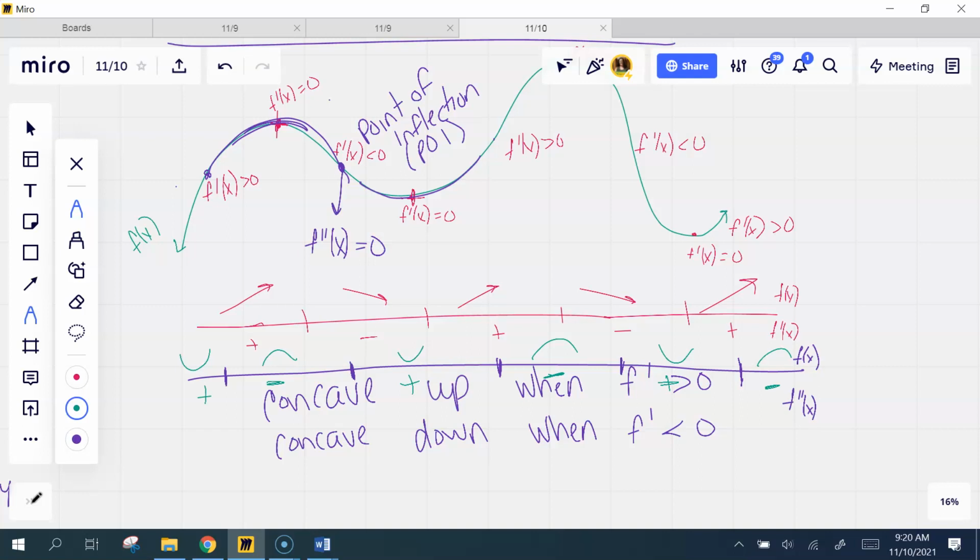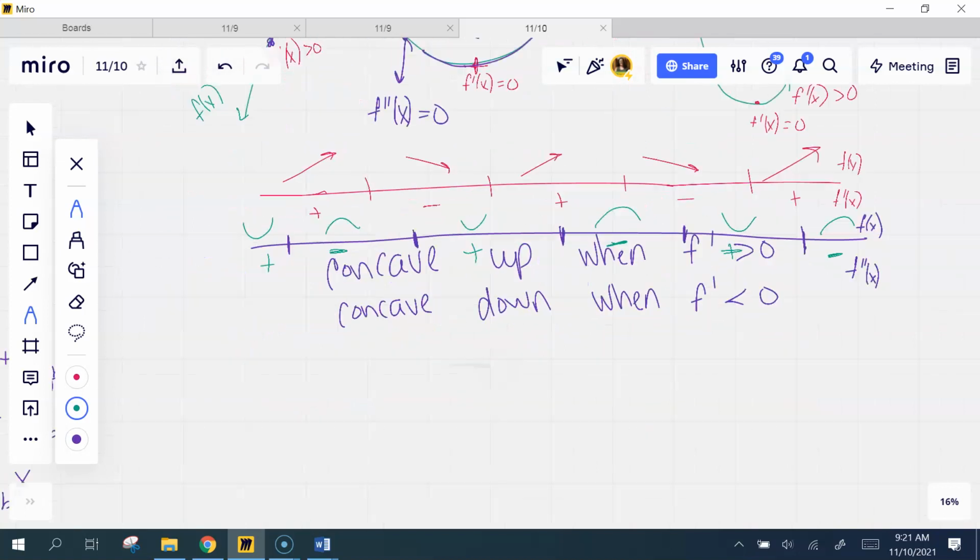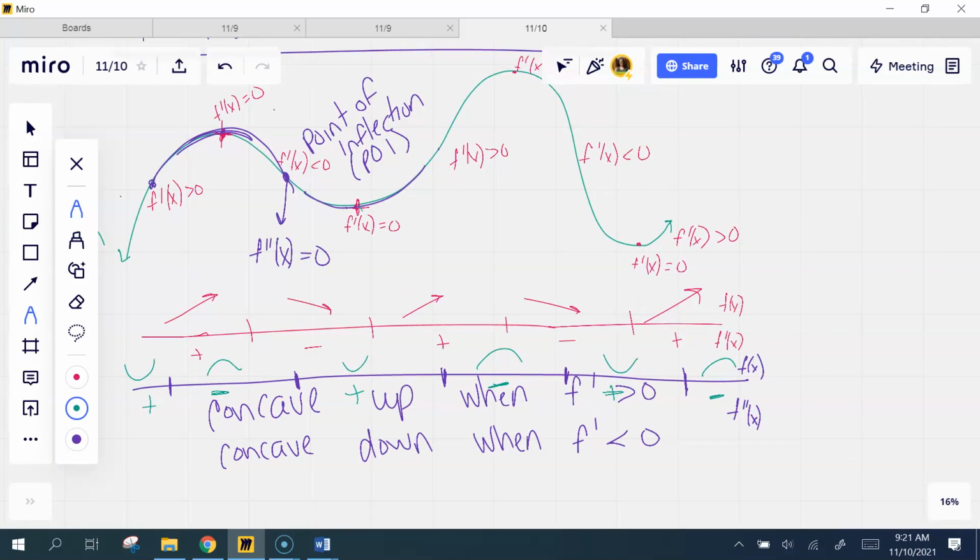Yeah, because see how I lined up the maxes and mins on the first derivative graph and the points of inflection on the second derivative graph? How was that first point, like the first one on the initial graph of point of inflection? Point of inflection, remember, it's halfway between.